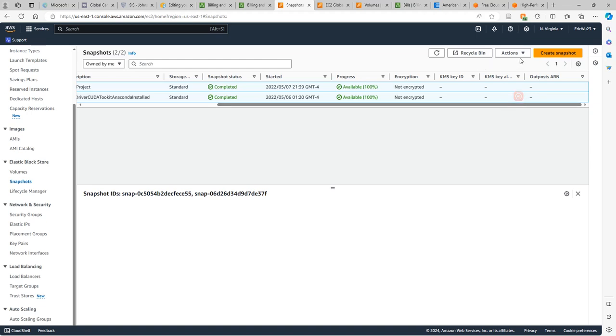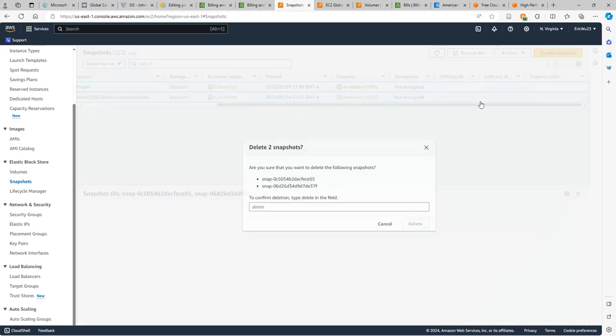So I could just delete all these snapshots. To confirm the deletion, you have to do this deletion. I'll actually tap delete.